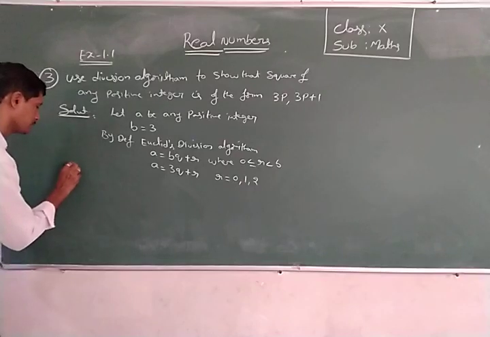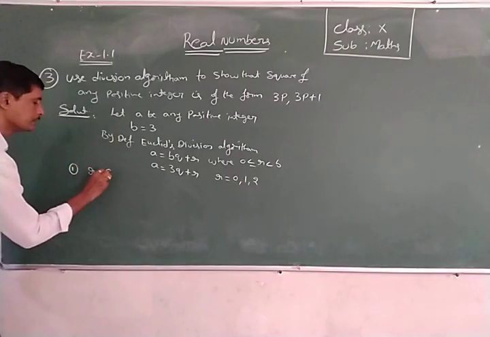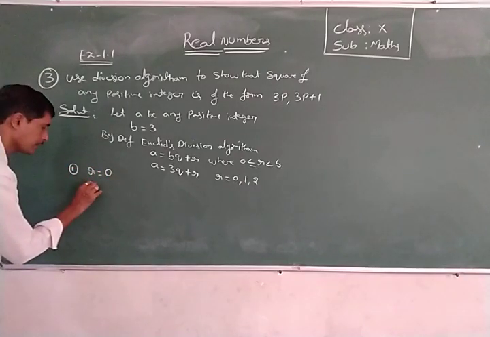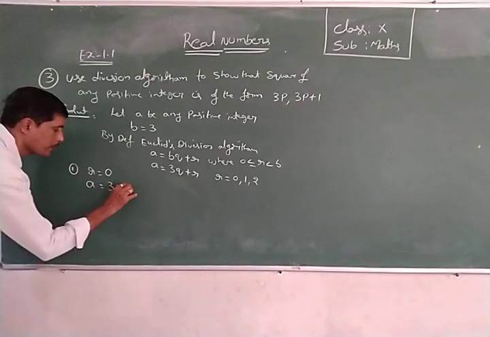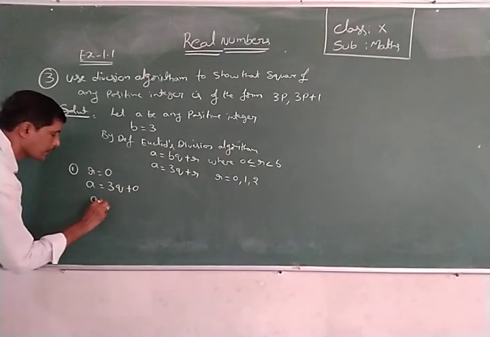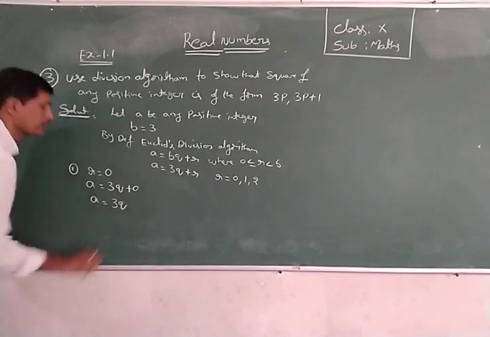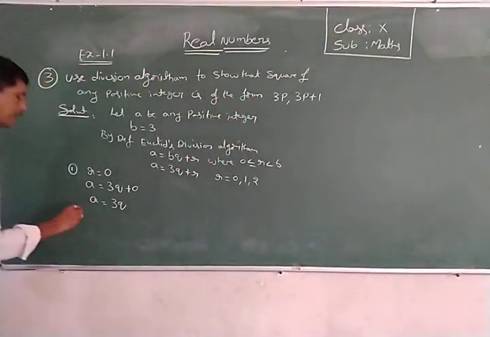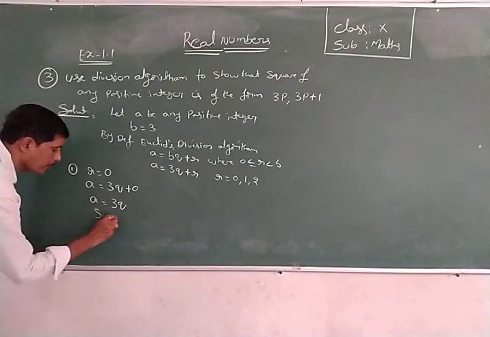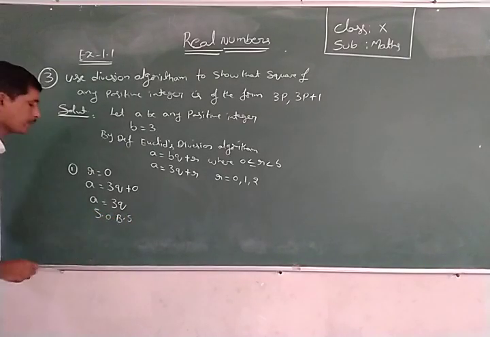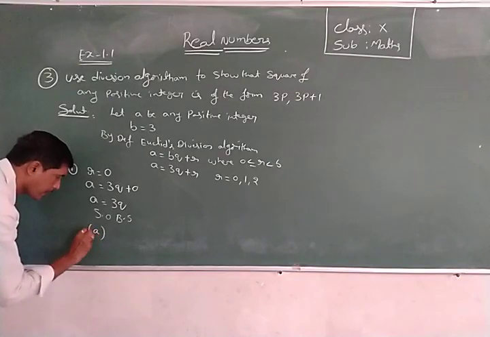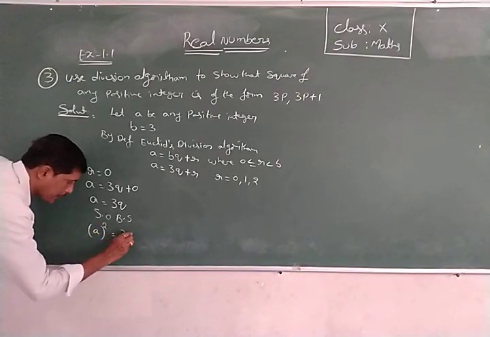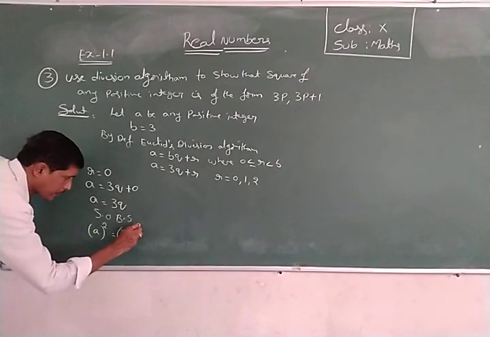First, we take the first case, r equal to 0. Therefore, a equals 3q plus 0, so a equals 3q. Here what is given? Square. Therefore, squaring on both sides, a squared equals (3q) squared.